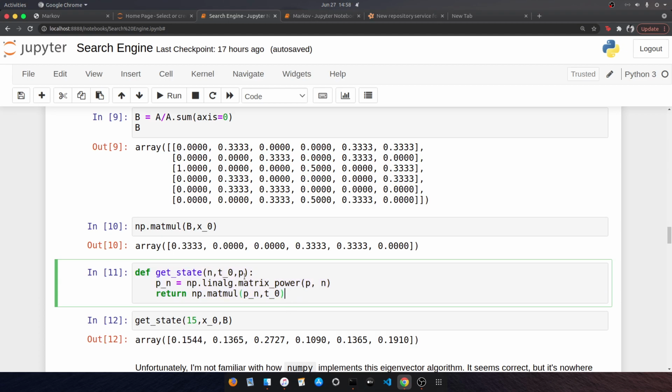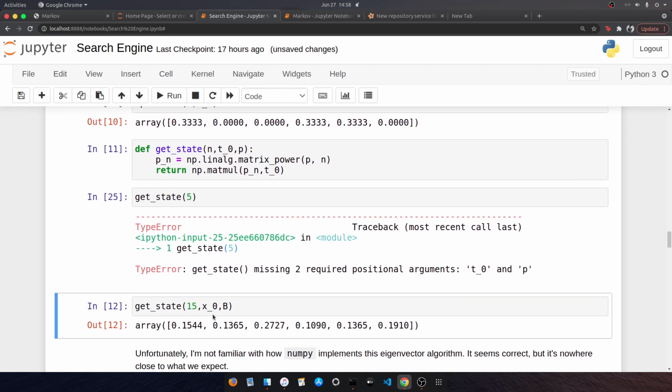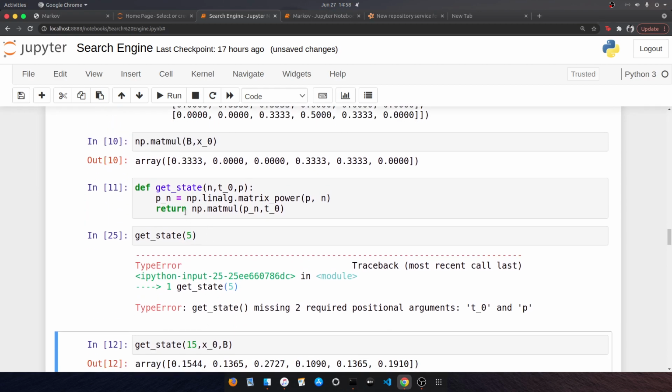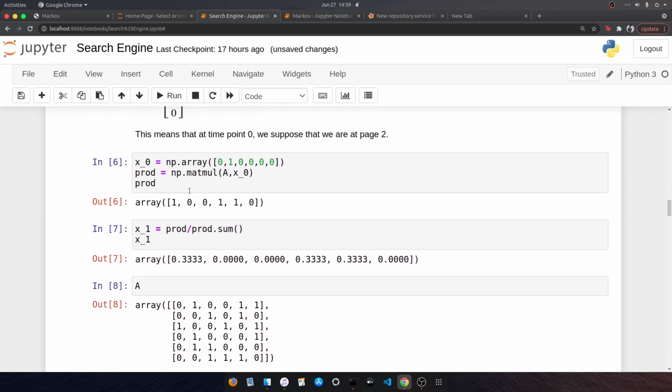If for example we wanted to find out where we are after 5 random clicks, oops, sorry, I need to provide the initial matrix, which is x sub 0. I need to run this first.